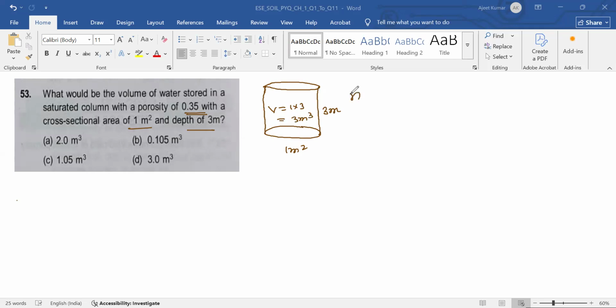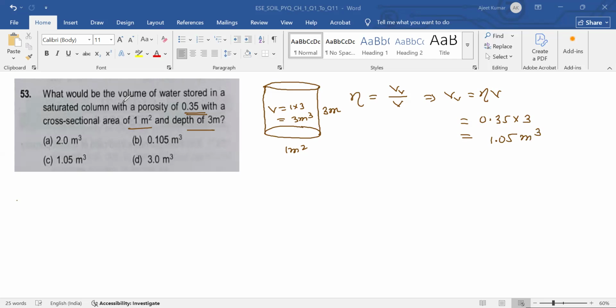And what is porosity? Porosity is volume of void upon total volume. So volume of voids will be porosity into total volume. Porosity is 0.35 and total volume is 3, so this is 1.05. This is the volume of void.